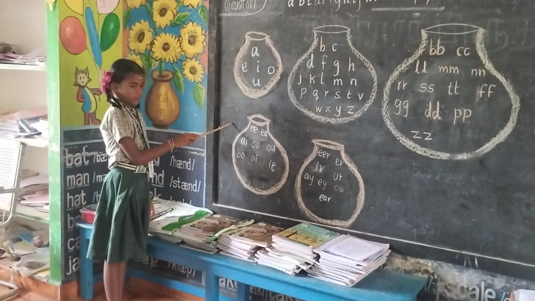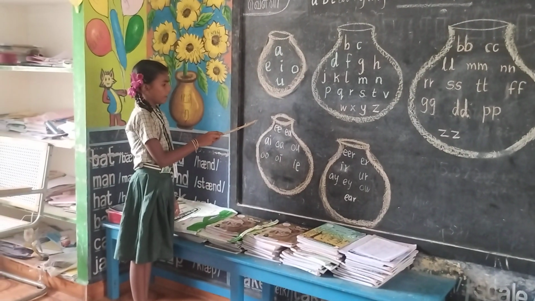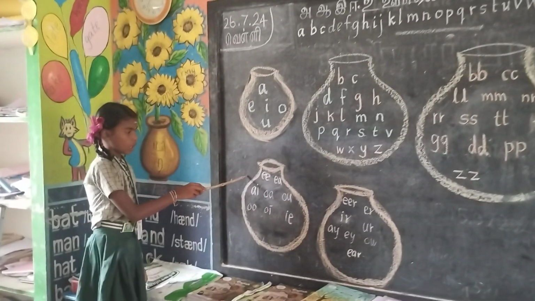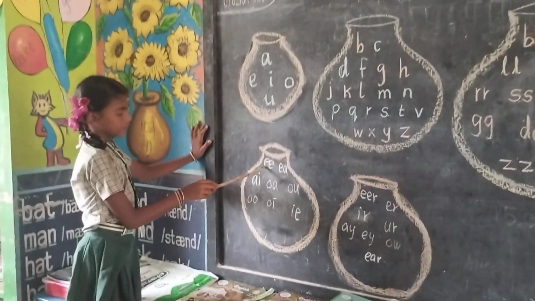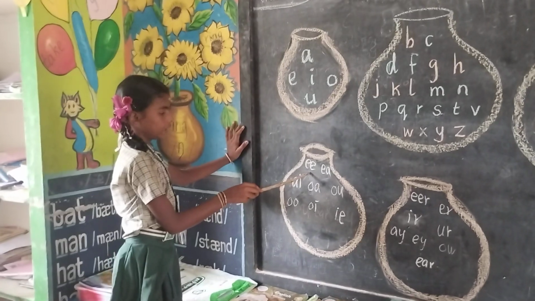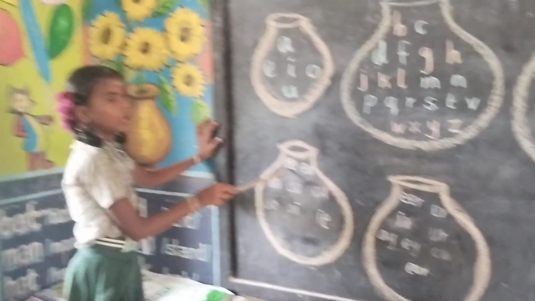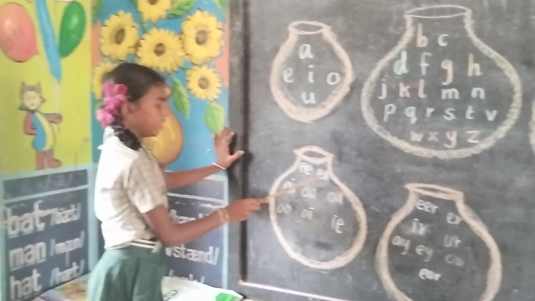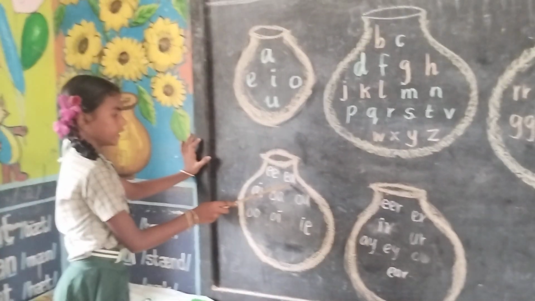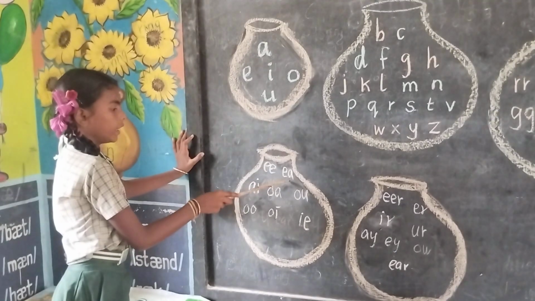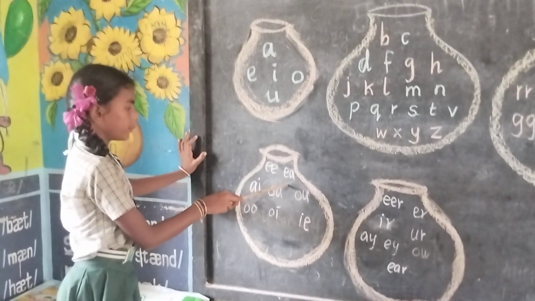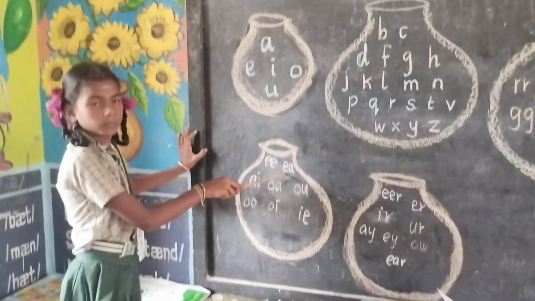Next. This part has double vowels, long vowel sounds. Good. The letters EA and the sound E. For example, green, cheap. The letters EA and the sound E. For example, leaf, read, lead.